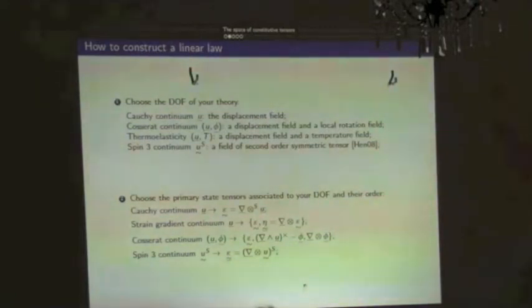But if I want to enhance my theory, I could take, in addition to my displacement field, a field of local rotation coded by a tensor field phi. You could also do it with thermoelasticity, adding a scalar field in your theory.